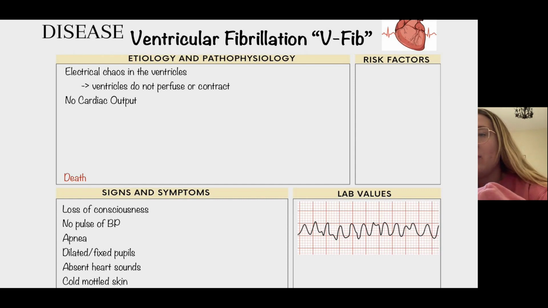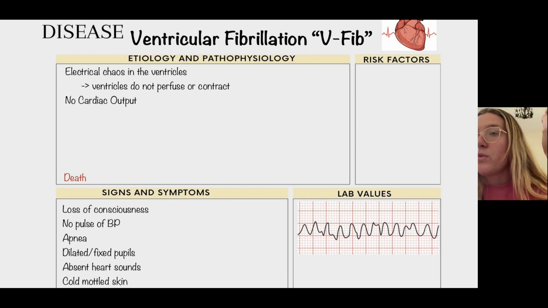So again, even though you see this rhythm, this is a lethal rhythm. But what do we know about lethal rhythms? We can actually shock lethal rhythms with the AED because the AED still recognizes this is a rhythm. It's still going to shock this rhythm, hopefully remove all that electrical chaos so that the heart can take a deep breath in and a deep breath out and then re-pump.